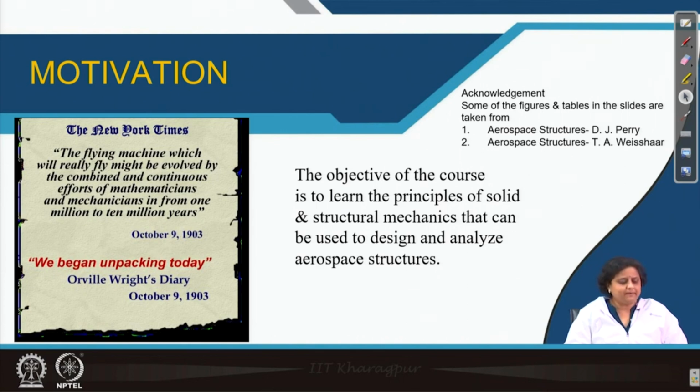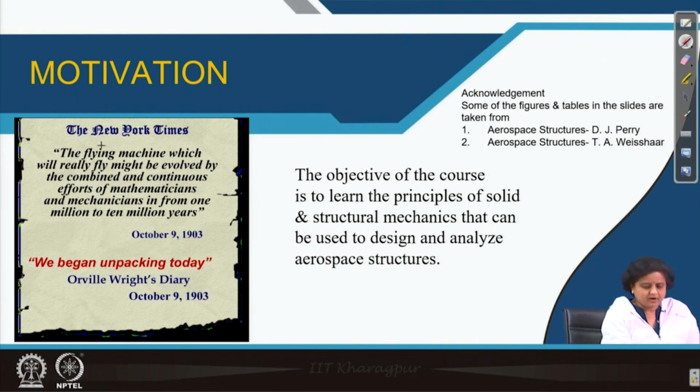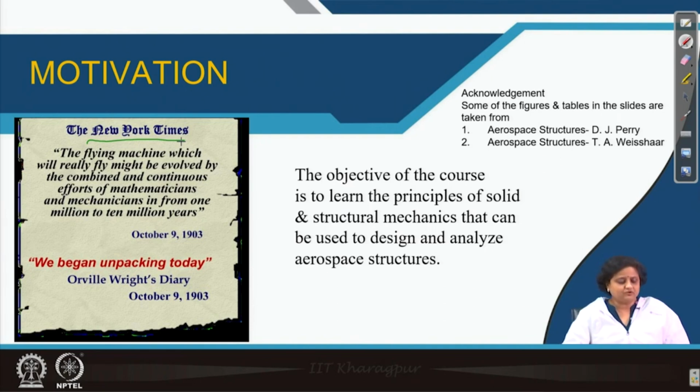This is a clipping from the New York Times which says that the flying machines which will really fly will take a combined effort from scientists and engineers, or mechanicians, for 1 million to 10 million years from the date given, 1903.